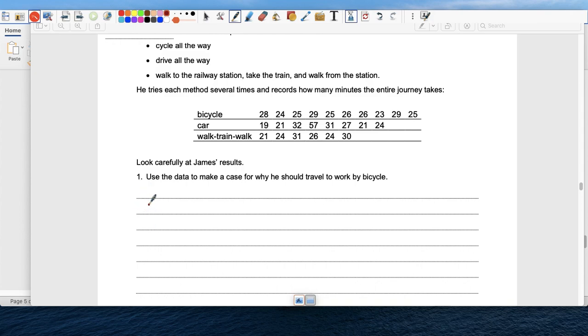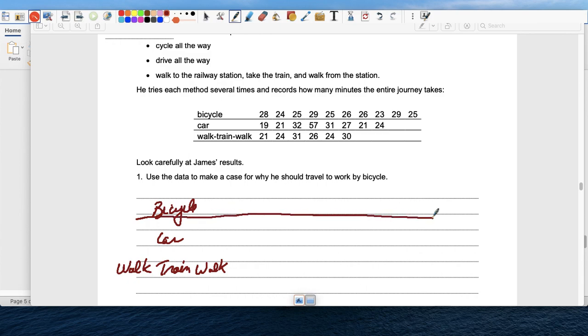So I'm going to make, here's bicycle. Car. And walk, train, walk. Okay.